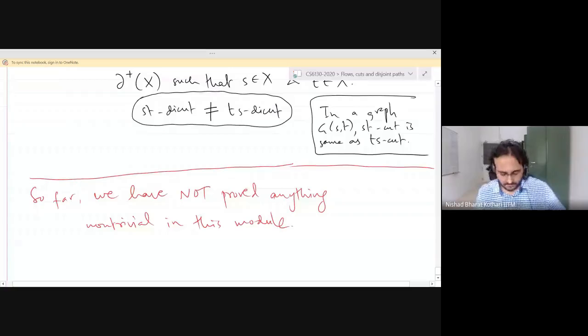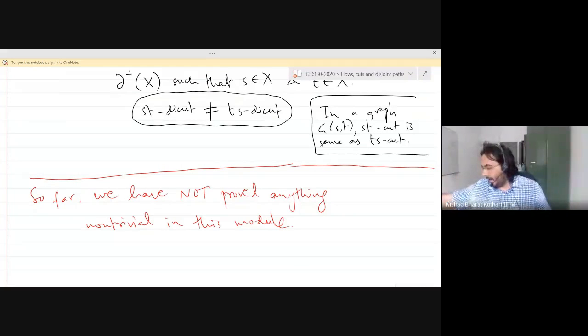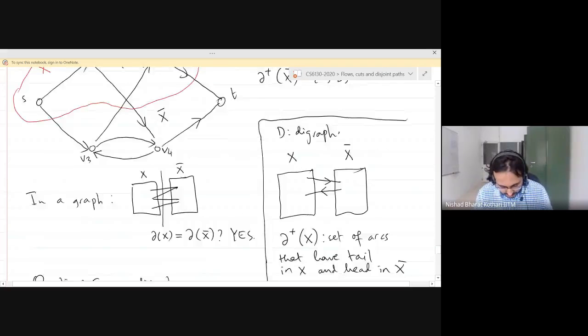All I have done is give you the basic framework and terminology, and tell you what these Menger's theorems are. There are lots of different Menger's theorems. I should probably tell you what the version is.